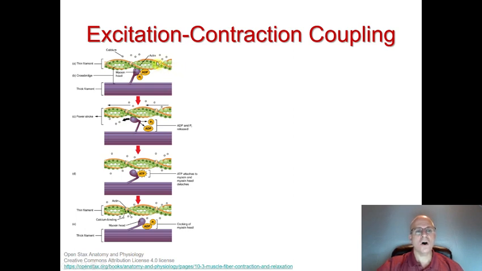We've got this long orange, in this case, rope-like tropomyosin that would be covering up any of the active sites or binding sites on the G-actins. And we've got this little structure right here, which is our troponin, that's going to help hold the tropomyosin and the G-actins together.